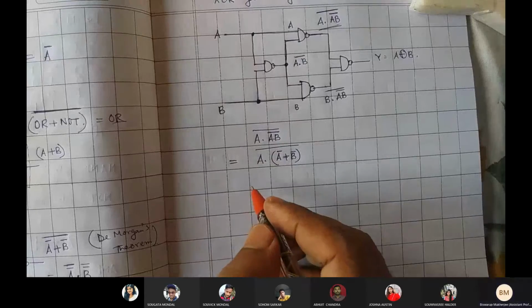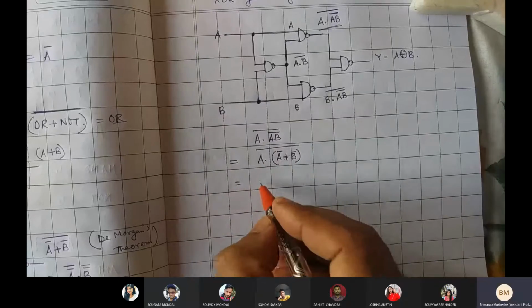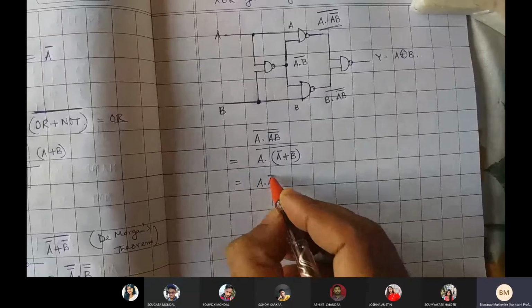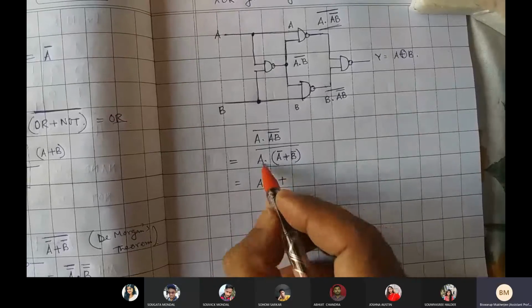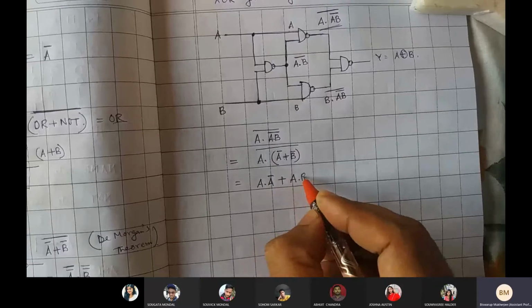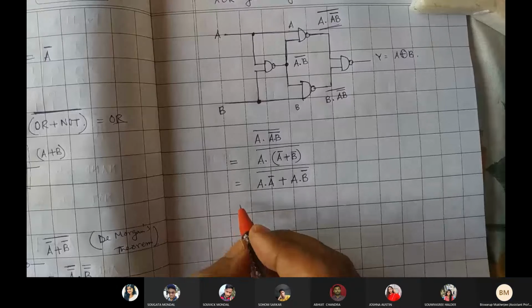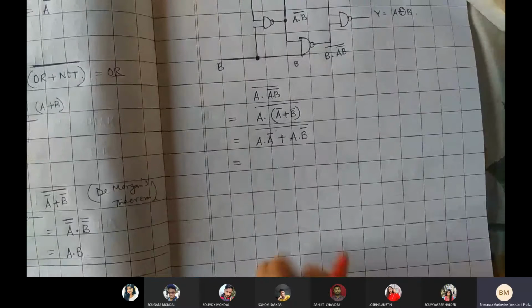So now we are multiplying A dot A bar plus A dot B bar, whole complement.